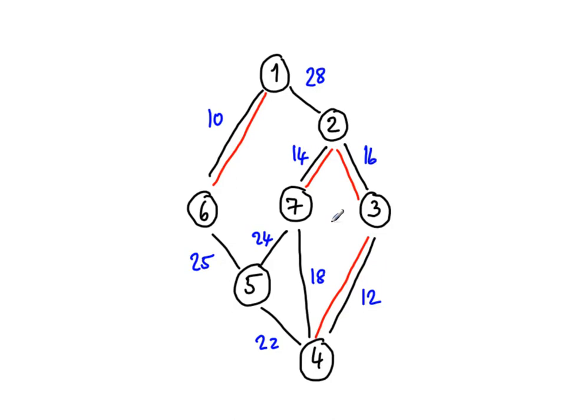Now the next edge which I could consider is 18, but if I add 18, notice that I form a cycle because I have already 3 edges going around this quadrilateral. So I can't add 18, so I skip 18. The next smallest edge is 22. So I look at 22 and I say yes, I can add 22, and I put it in.